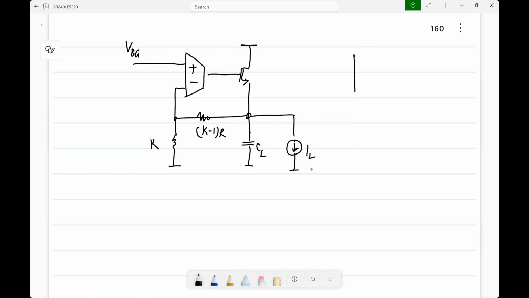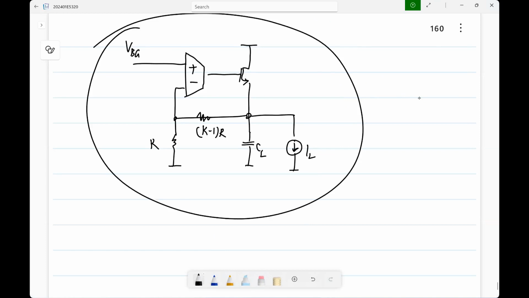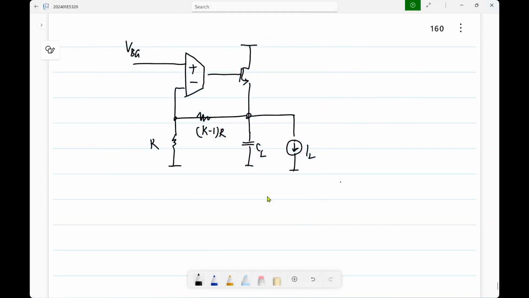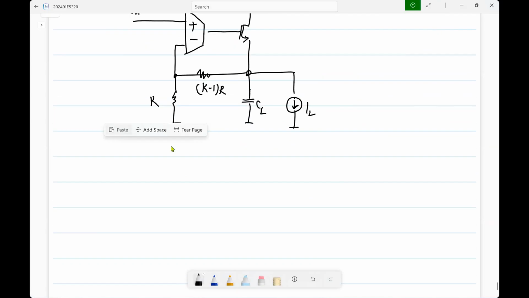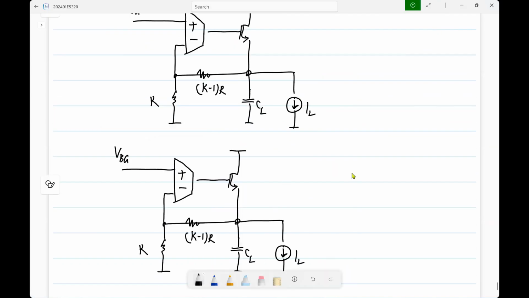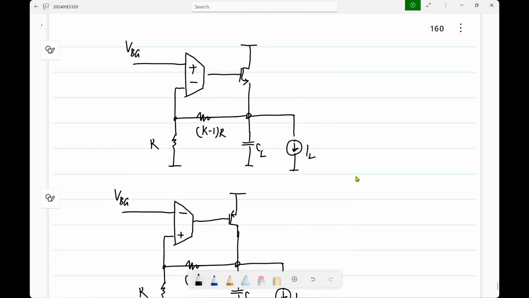The earlier one we had a PMOS pass device. The only difference between this and the, what did we have? We had a PMOS pass device, and of course, with the PMOS, the signs must be like that. Both give you the same output voltage, K times VBG, right?